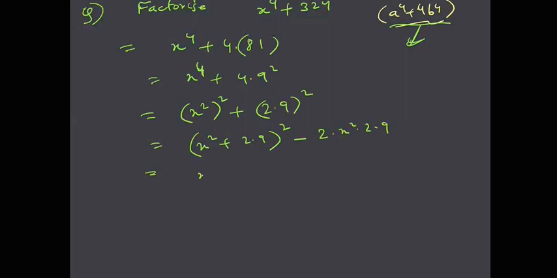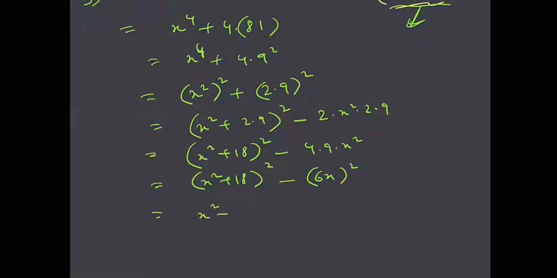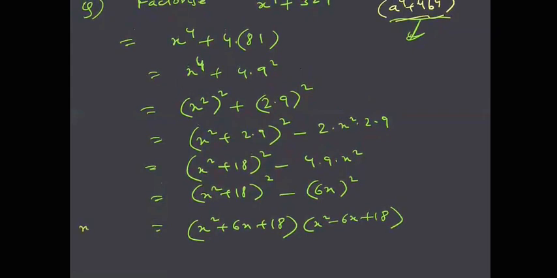So this is x square plus 18 whole square minus 4 into 9 into x square. So this is x square plus 18 whole square minus 6x whole square. Then this is x square plus 6x plus 18 into x square minus 6x plus 18. So this is how we can factorize x power 4 plus 324.